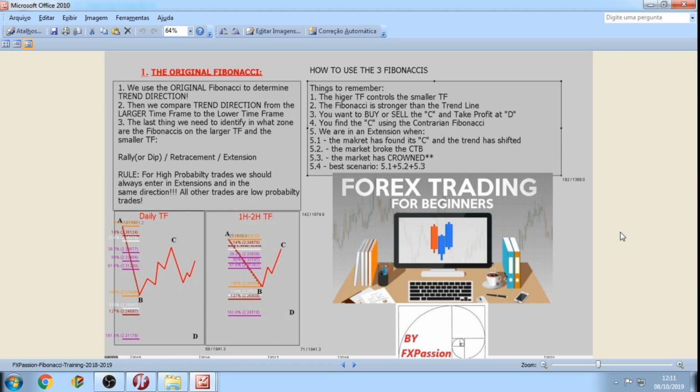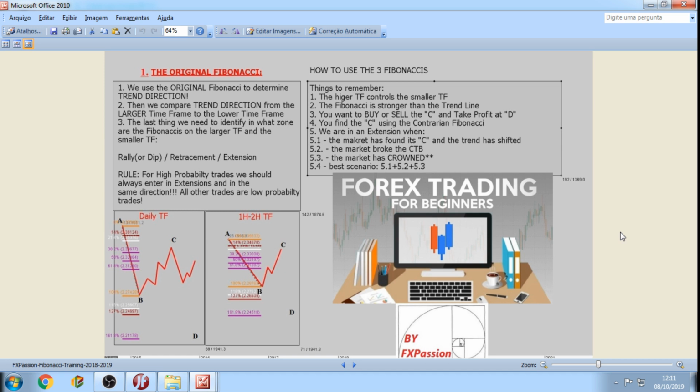And number five, the market has found its C and the trend has shifted. The market broke the counter trend line. The market has crowned. We're going to learn about the crown in the future lessons. And the best scenario is when you have everything: 5-1 plus 5-2 plus 5-3.